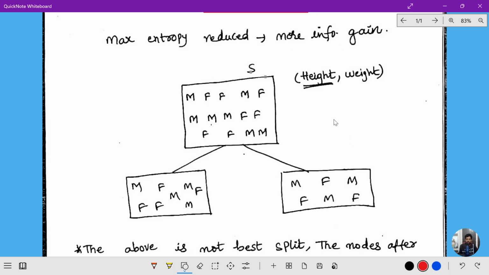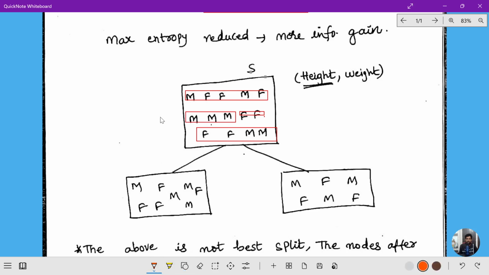Again, you observe in this we have taken one table. So let us say the table is male, female, female, male, female, male, male, male, female, female, female, female, male, male. So the total number of values are 1, 2, 3, 4, 5, 6, 7, 8, 9, 10, 11, 12, 13, 14.